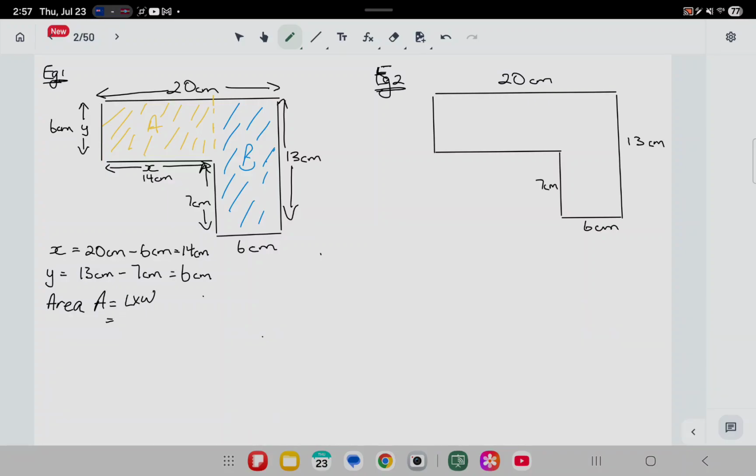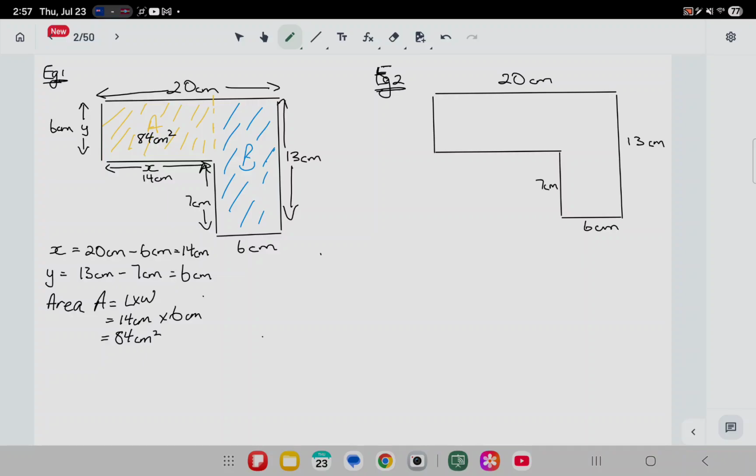The length of A is 14 centimeters and the width of A is 6 centimeters. So now we multiply the two to find the area of shape A only. 14 multiplied by 6 gives us 84, so this area here is 84 centimeters squared.